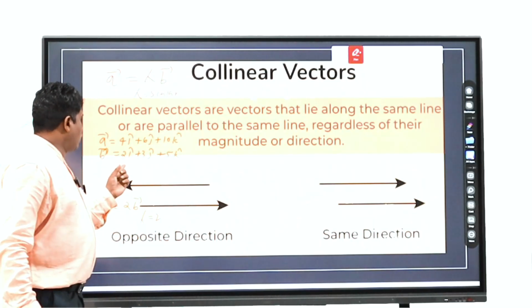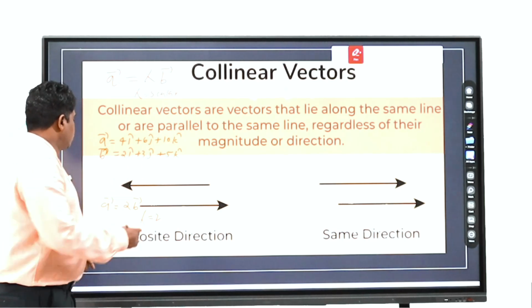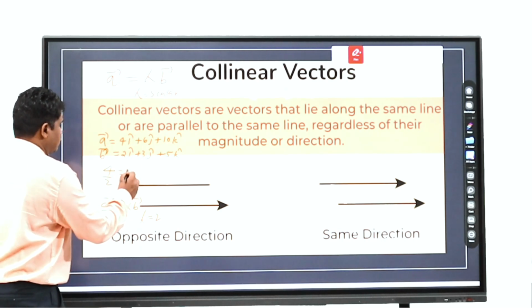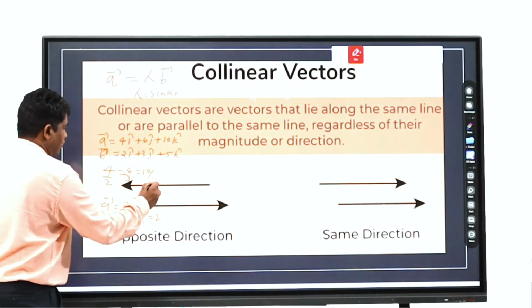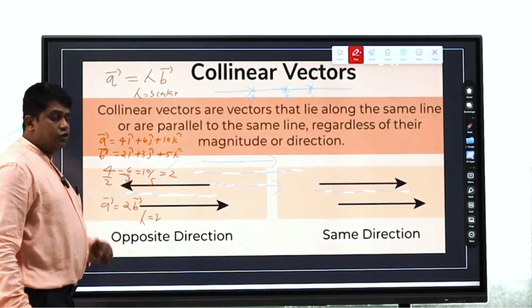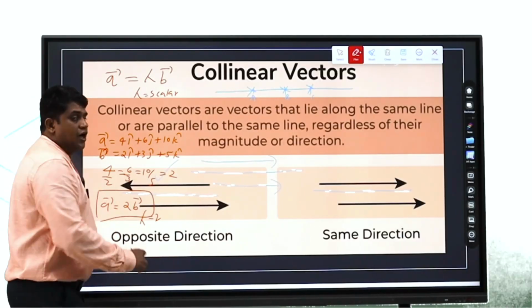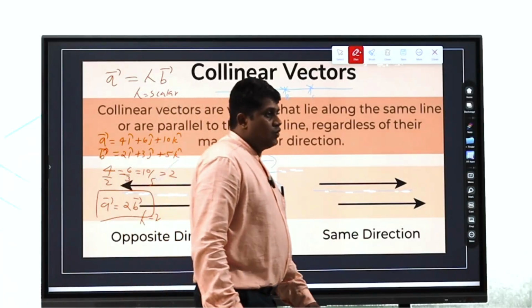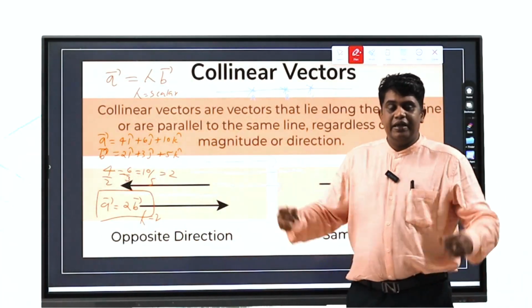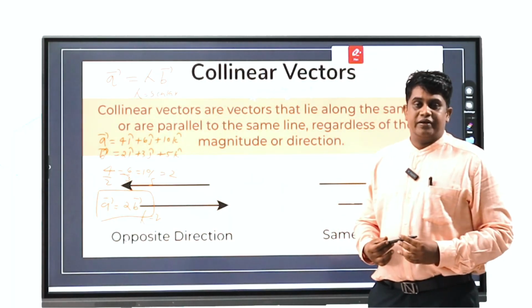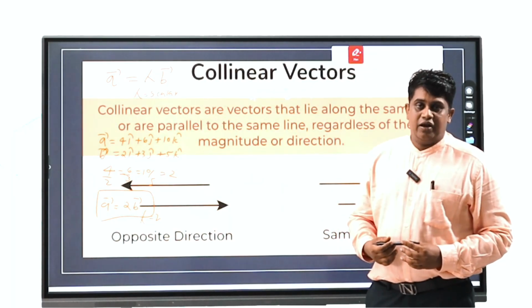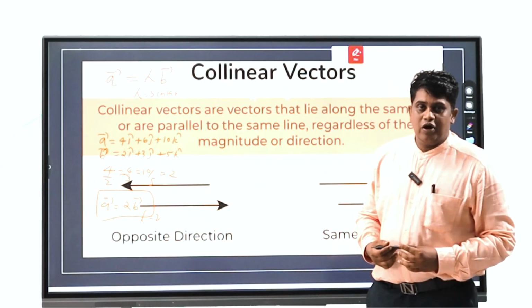Here 4 by 2 is equal to 6 by 3 is equal to 10 by 5, which is equal to 2, which is equal to lambda. So how can we explain collinearity? A equals lambda B vector, where lambda is a scalar. That is collinear vectors.